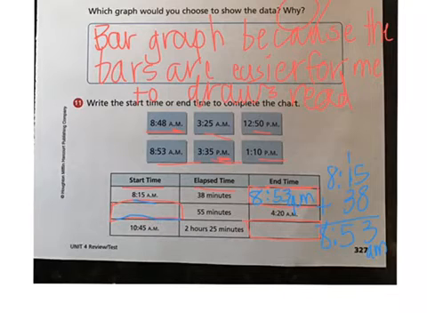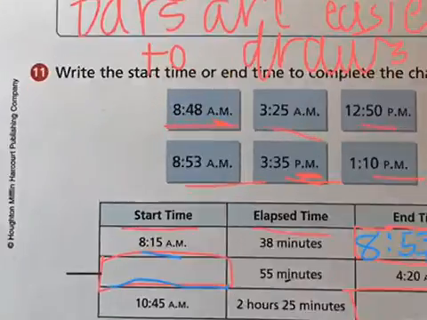Okay, so for this one, when you don't know the start time, but you know the elapsed and the end time, it's best to subtract. So we know that 4:20 is the end time. I'm going to erase that, I'm going to get us just a little bit more room.